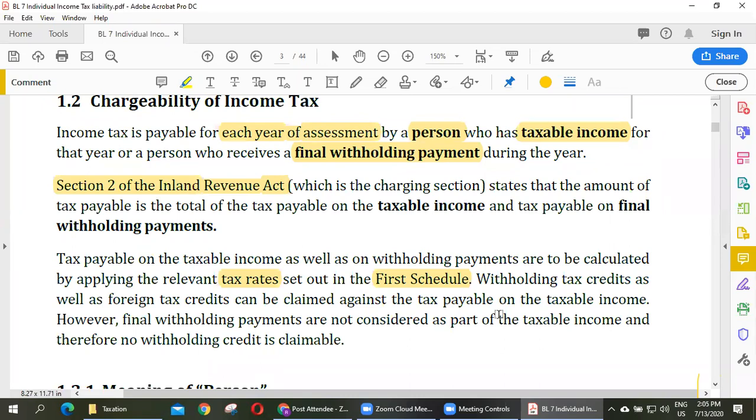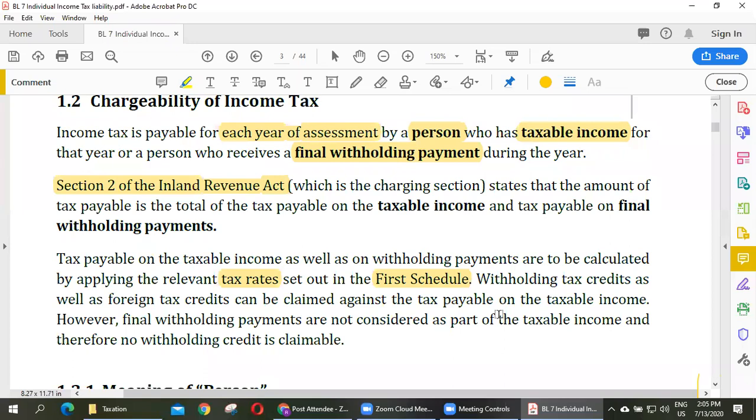For the England government you have to pay tax when you reside in England, and once you come to Sri Lanka, you have to pay tax to the Sri Lankan government too. So this is double tax. To reduce that double tax, you can reduce the amount of tax you have paid in England. That's called foreign tax credit.